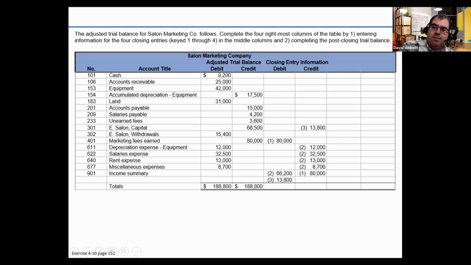So that would be a debit here for the income summary, but we'll then credit the eSalon capital. And then the withdrawals, we will credit the withdrawals in order to clear that out, and then debit capital. And we can add up both of those, and then we have the post-closing.